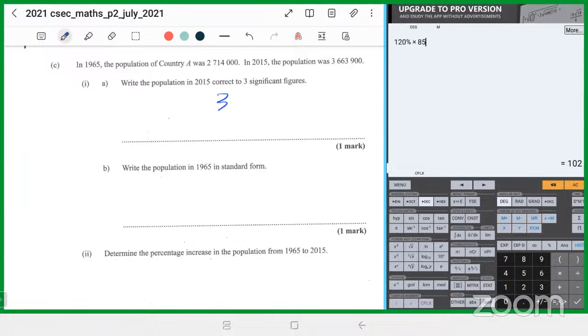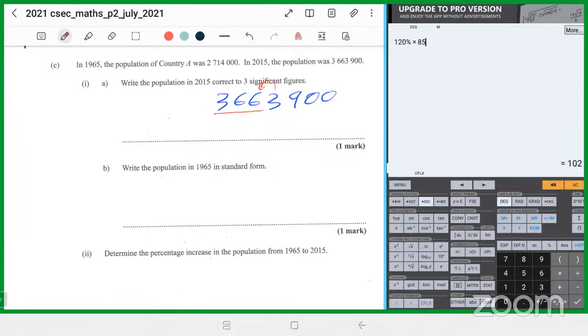So it's 3,663,900. Remember, the size of the number cannot change. It's 3.6 million. The final result must still be 3.6 million. We're correcting it to 3 significant figures. These are the first 3 figures right there. And this 3 cannot increase that.